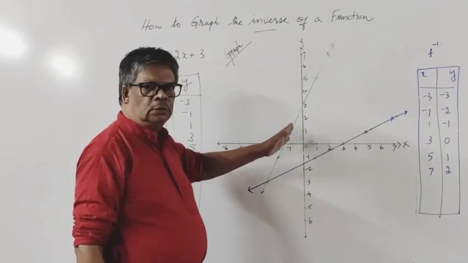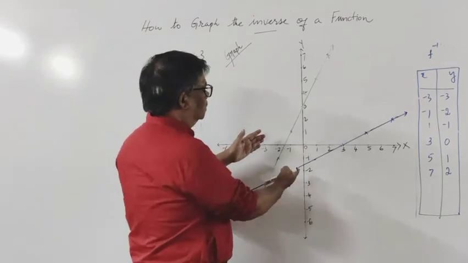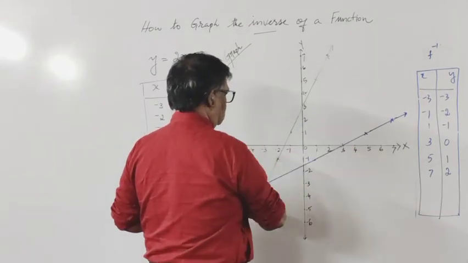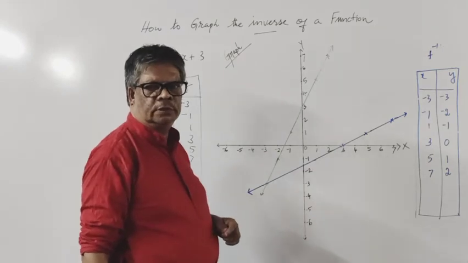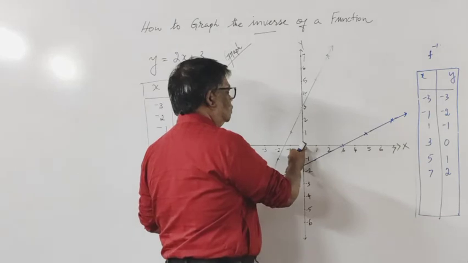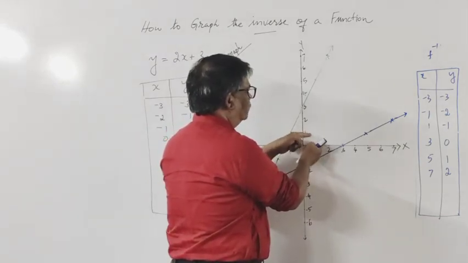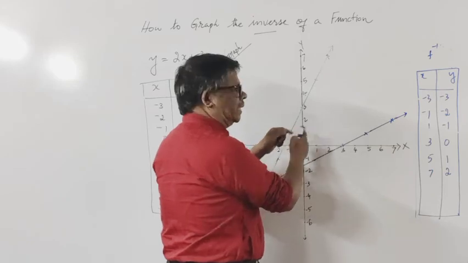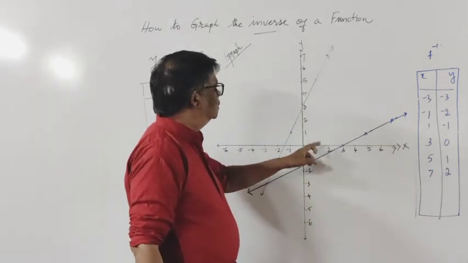One important thing that you have to understand is that there is a line, the graph of the function y is equal to x, and that line is passing through the origin, making equal angles with the coordinate axes.